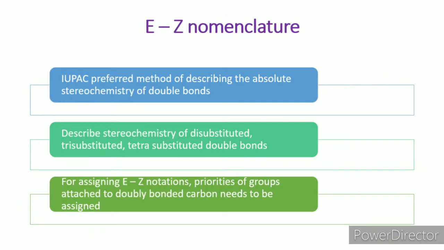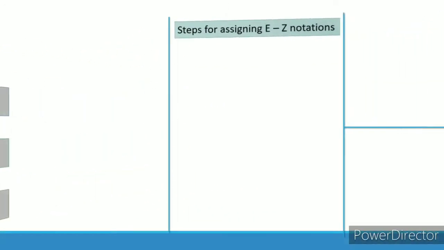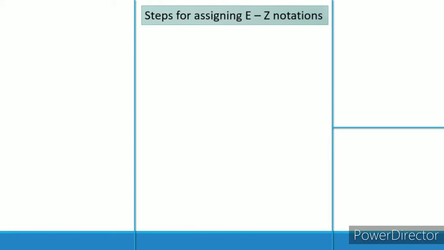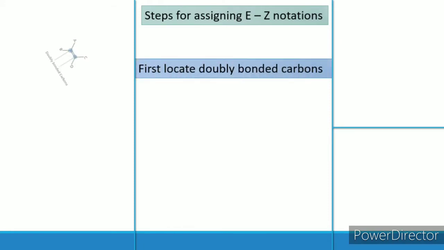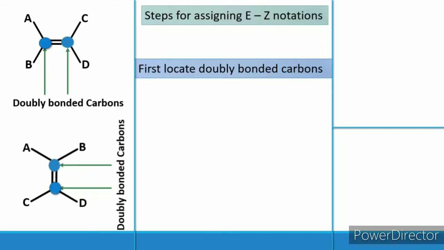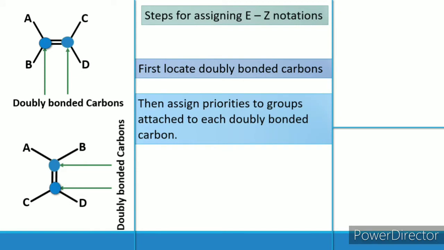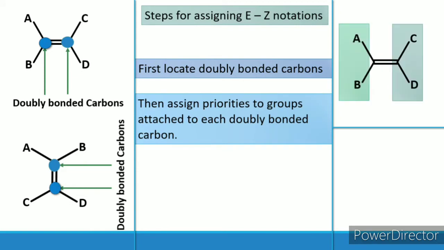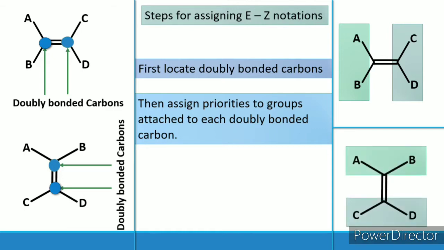For assigning EZ notation, first we have to locate the double bonded carbons. You may write the structure in any way. Then we assign priorities to the groups attached to each double bonded carbon. So here you can see A and B are the groups attached to one doubly bonded carbon, and C and D are the groups attached to the other doubly bonded carbon, and we have to decide between the priorities of these groups.